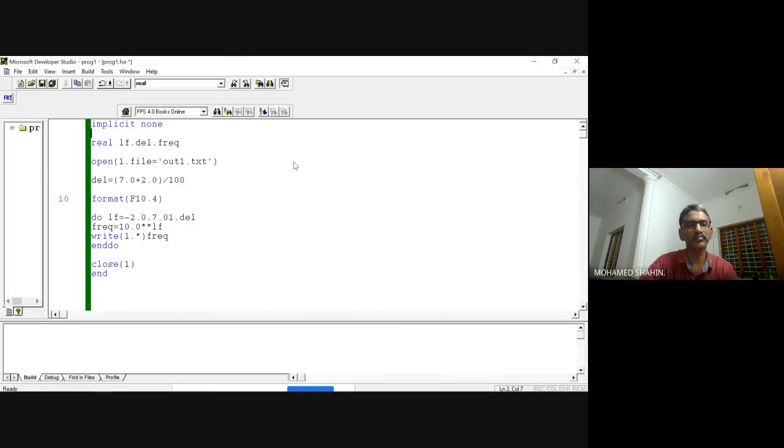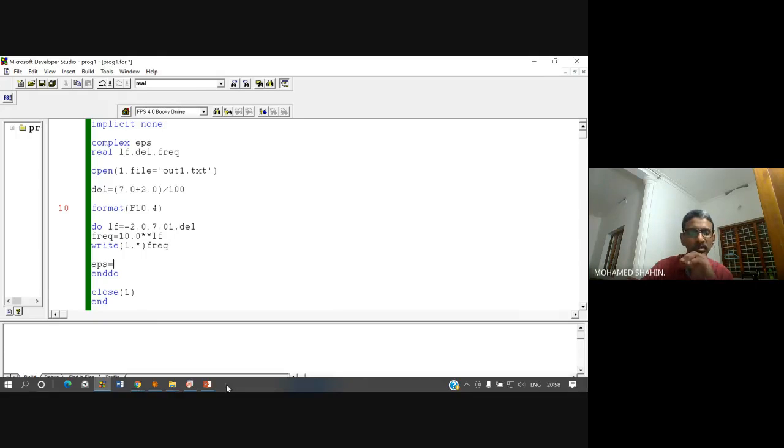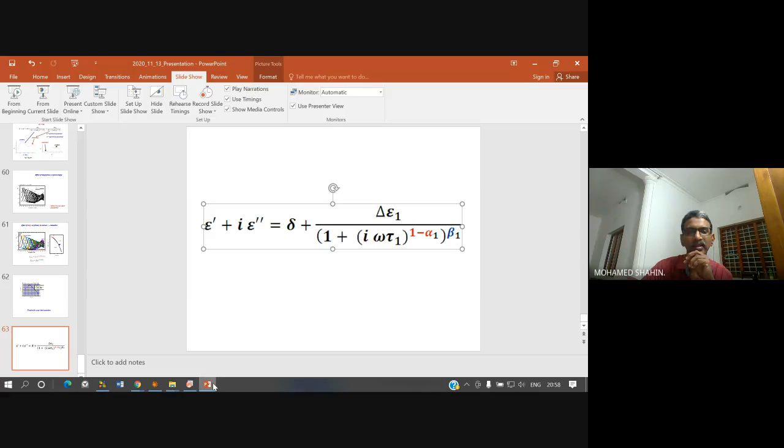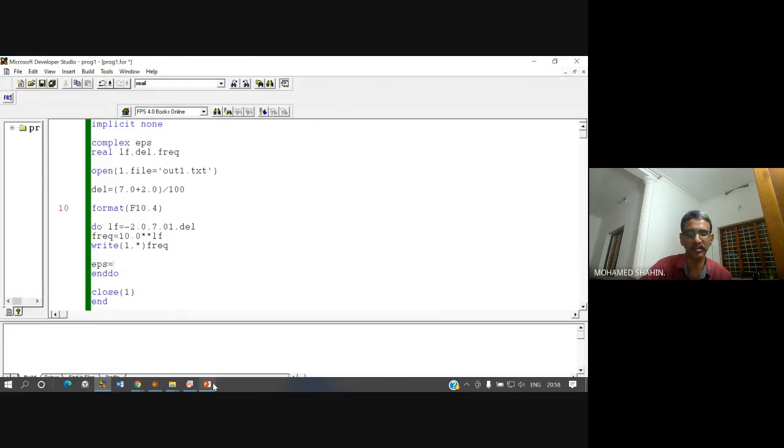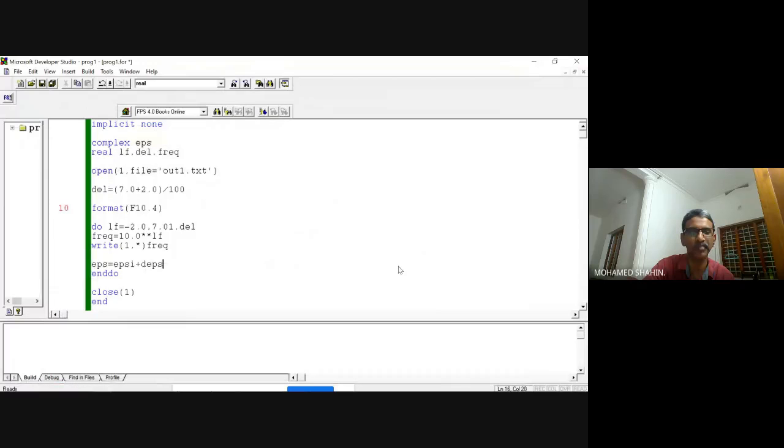Complex EPS equal to, what we have to add, delta epsilon, EPSI, epsilon infinity. This quantity has been added. Now this is DEPS, delta epsilon, DEPS divided by, so I'll put it like this to get more idea.